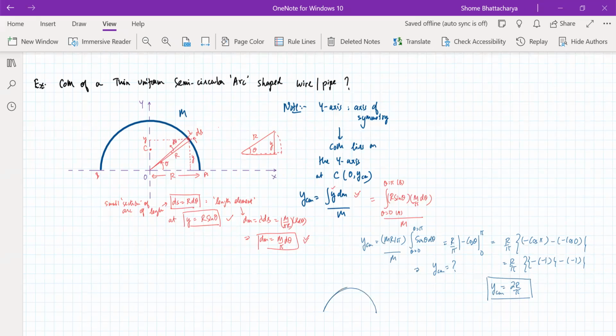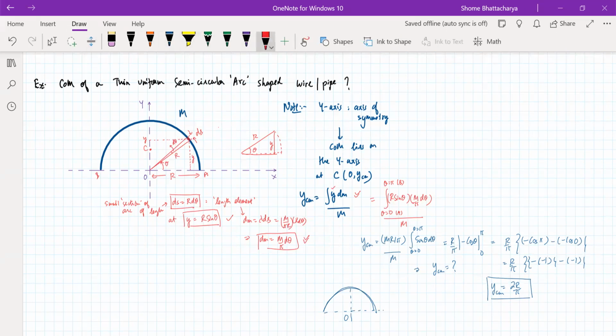So the semi-arc has a center of mass such that this distance OC is equal to 2r by pi.